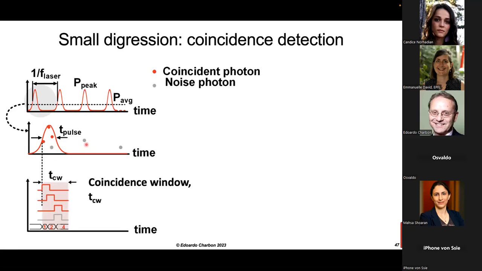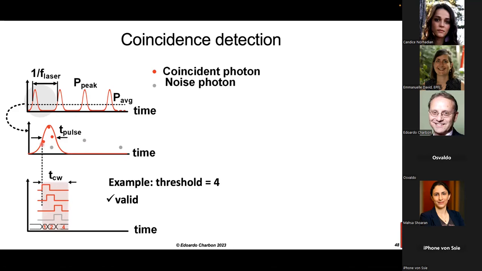The photons from the background here are represented in gray, and the ones from the light are represented in red. So by performing coincidence, in this case, by detecting, for example, a threshold of 4 photons, one can separate very easily the background illumination from the illumination coming from the laser.